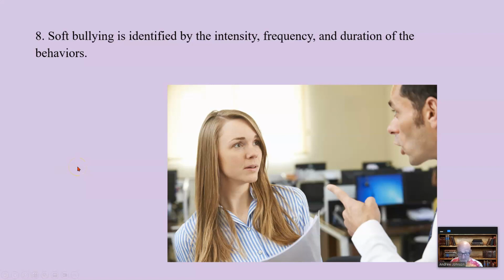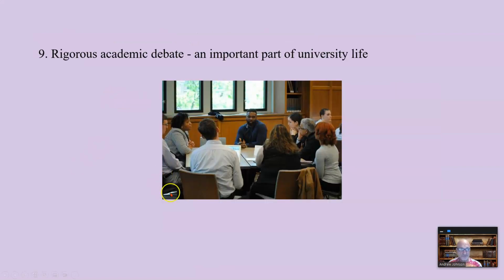Soft bullying is identified by the intensity, the frequency, and the duration of behaviors. And again, some of these behaviors occur at the university level as a normal part of university life, of exchanges of academic discourse, but soft bullying is identified by the intensity of that discourse, the frequency, and the duration of the behaviors.